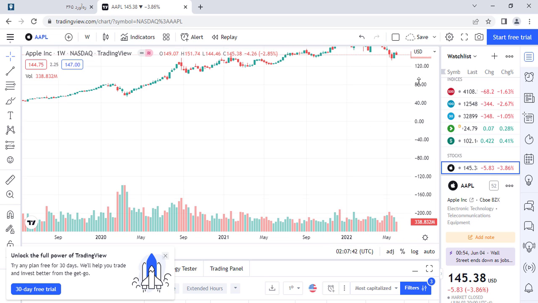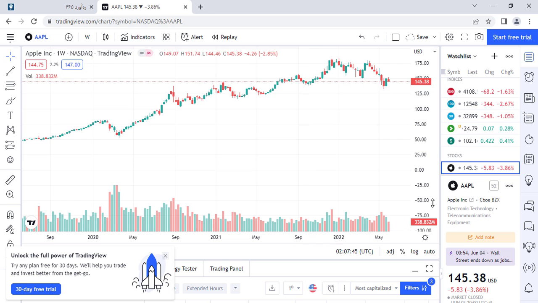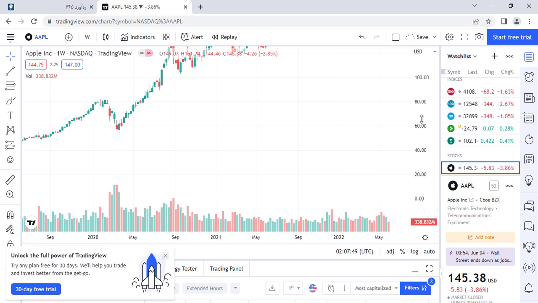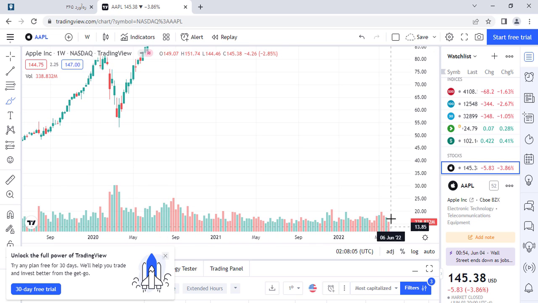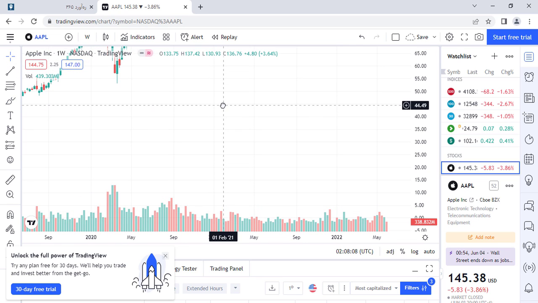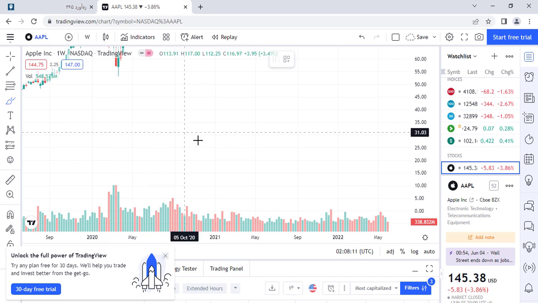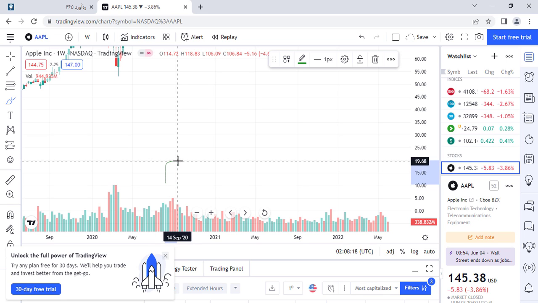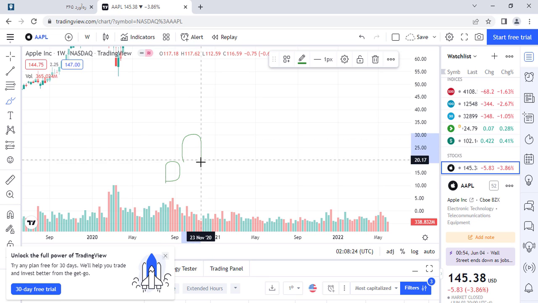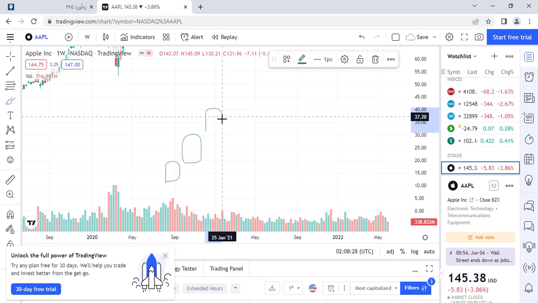When the price starts from $10 to $20, $20 to $30, $30 to $40.